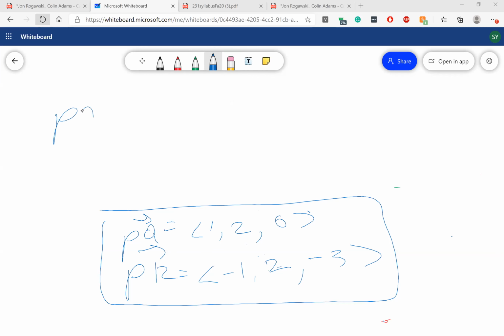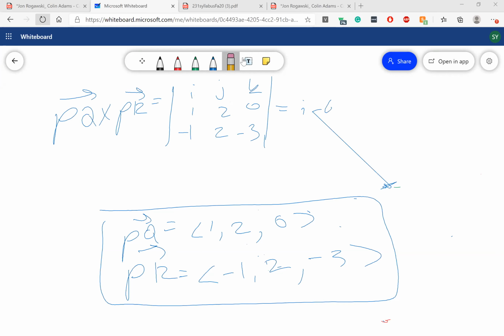So what is PQ cross PR? Well, that's equal to the determinant with i, j, k, and then 1, 2, 0, and -1, 2, -3. So this is going to be equal to i, and then you're going to have 2 times -3, so that's -6, minus 0. Minus j.